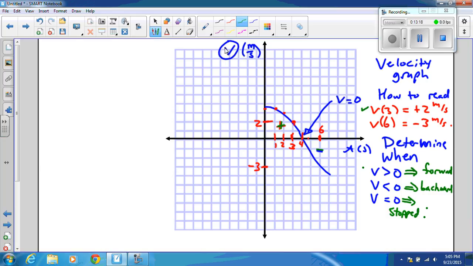And once I have interpreted the sign of the velocity, then I can tell whether the object is moving forward or backwards or if it is stopped. So for this graph, we would say the velocity is greater than 0 for the interval 0 to 4, which means that the object is moving forward for those times.